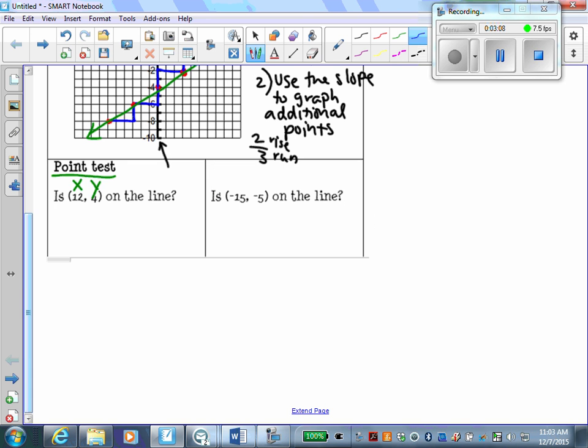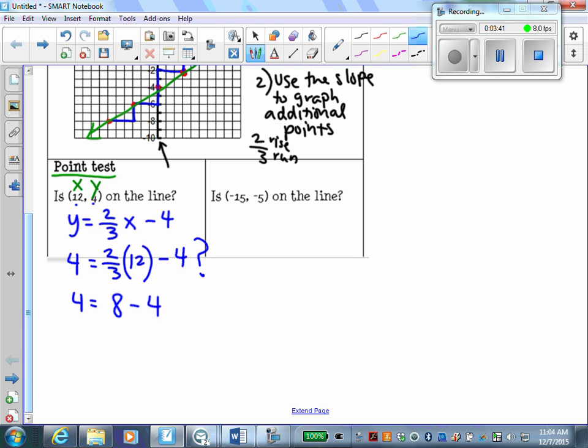So our equation was y equals 2/3 x minus 4. So I'm going to plug in the 4 for the y. So 4 equals 2/3. I'm going to plug in the 12 for the x. This means multiply, so times 12 minus 4. Let's see if that's a true statement. So I'm going to put a question mark. We're testing it. 4 equals, if you want to find 2/3 of 12, what this really means is you do 2 times 12, whatever that number is, divide it by 3. 2 times 12 is 24. 24 divided by 3 is 8.